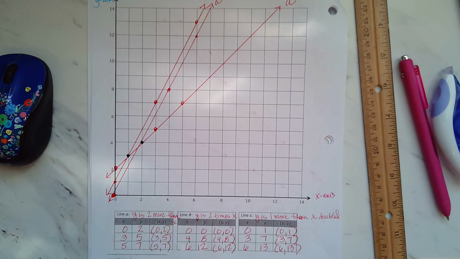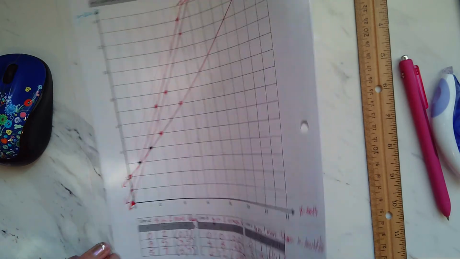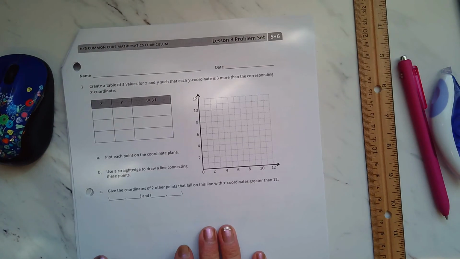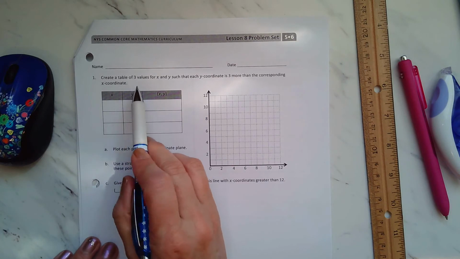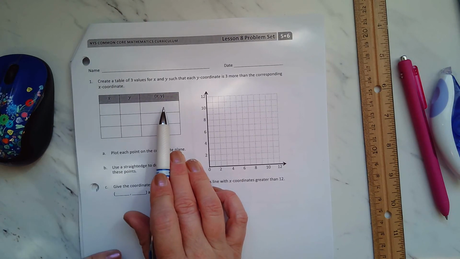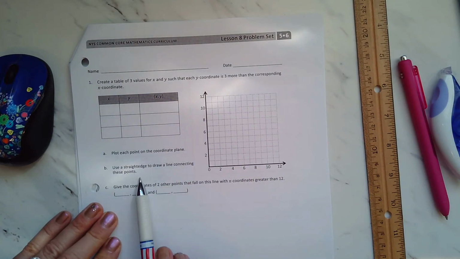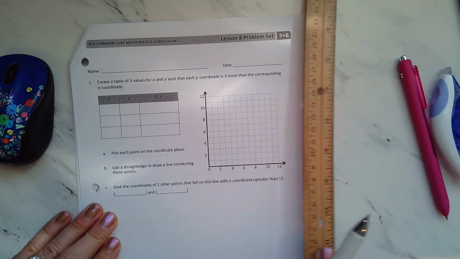All right. So what you are going to do from here is you have your problem set. Create a table of 3 values for x, y, and your coordinate pair, plot the points, use a ruler or a straight edge to connect them, and give 2 more points.